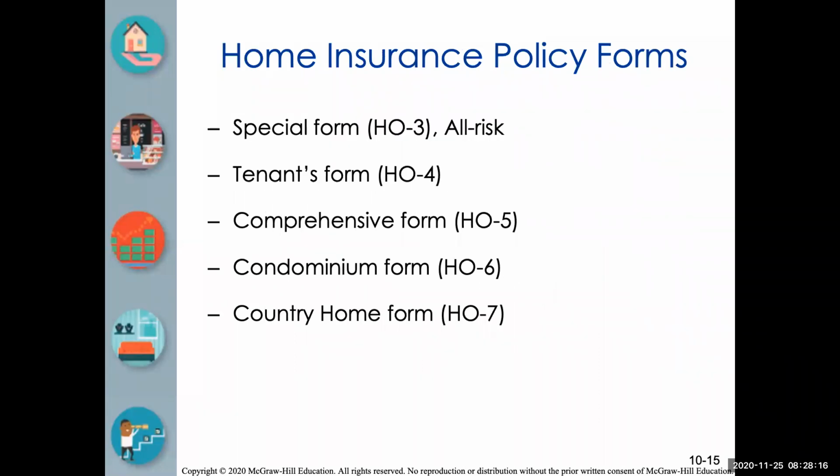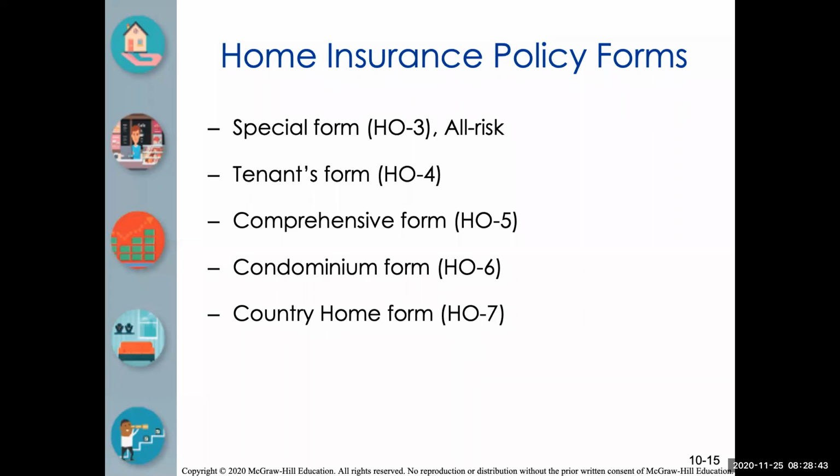And there are multiple different types of policy, and you can go through the text and read about the differences between all of these. But you need to understand that we've got different forms called HO3, homeowners 3, which covers all risks. We have a tenants form, HO4, comprehensive form, HO5, condo forms, HO6, country home form, HO7.